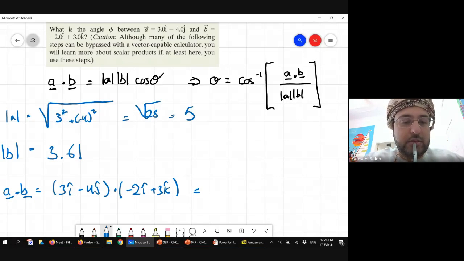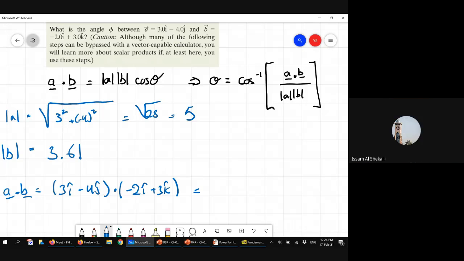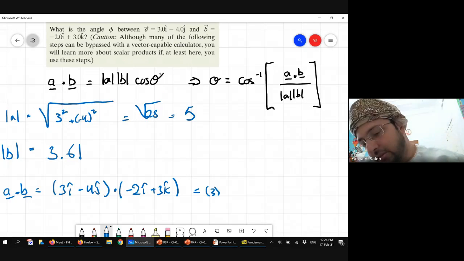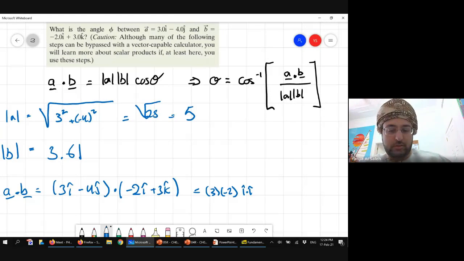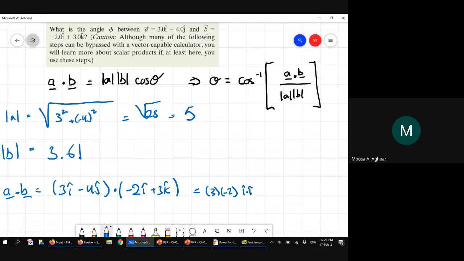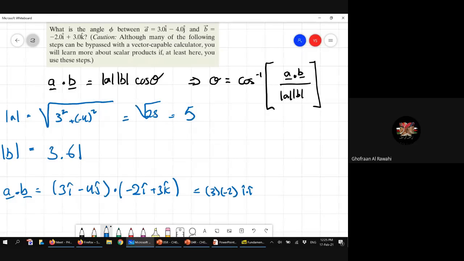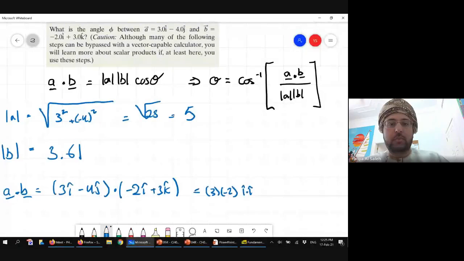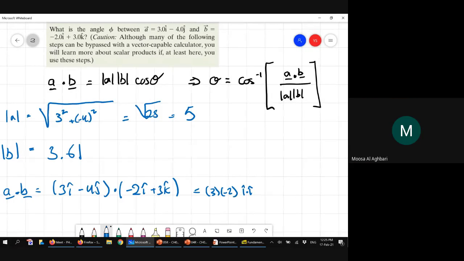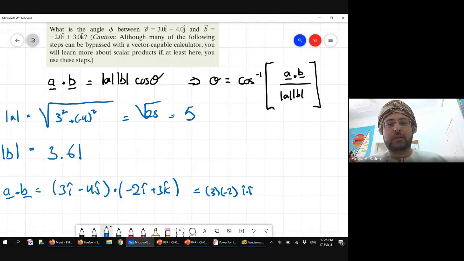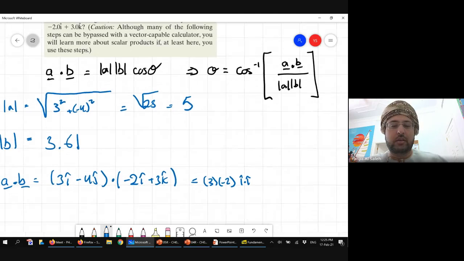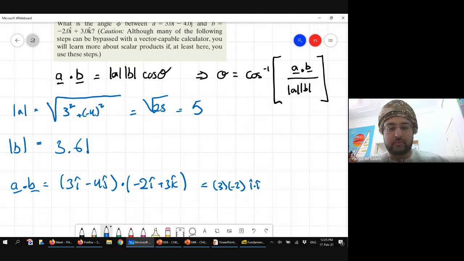What do we do? 3i, we do 3 into minus 2, I dot I. Then 3 multiply 3, i dot k. Plus, and we know i dot k is what? 0. Do I write it, or since it's 0, do I just ignore it? Ignore it. No need to write it, since it's 0. i dot k is 0, done.